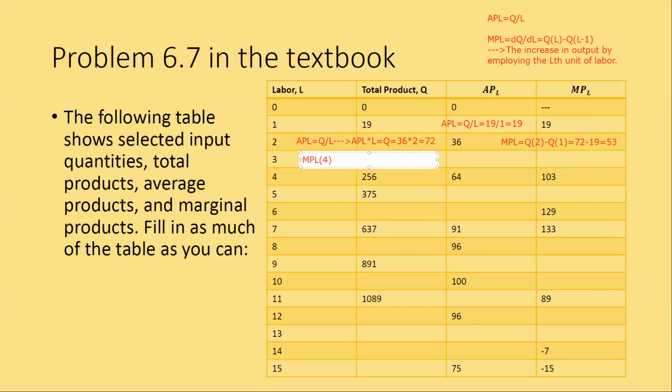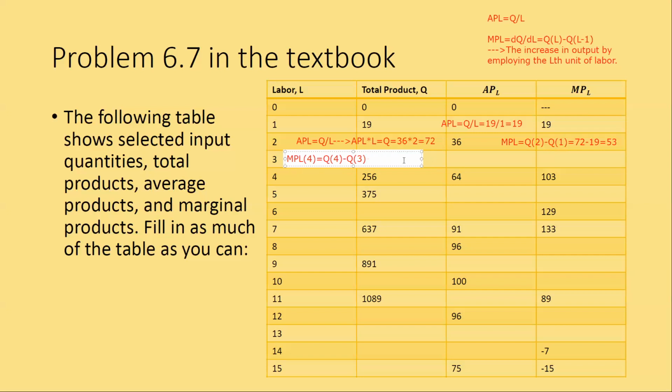The marginal product of the 4th unit of labor is the total output we can produce by employing 4 units of labor minus the total output we can produce by employing 3 units of labor. We are using the second formula again.